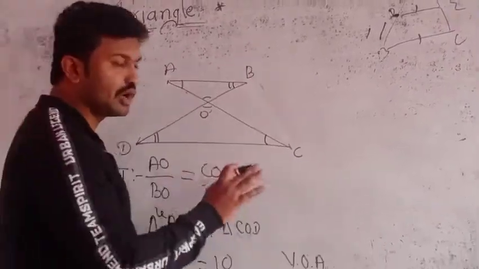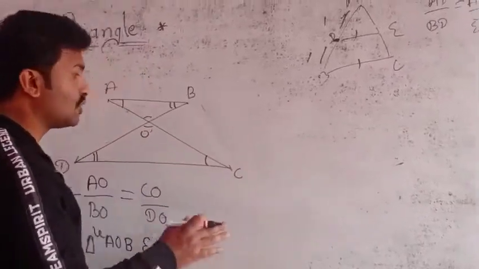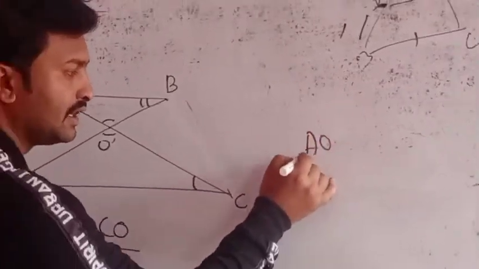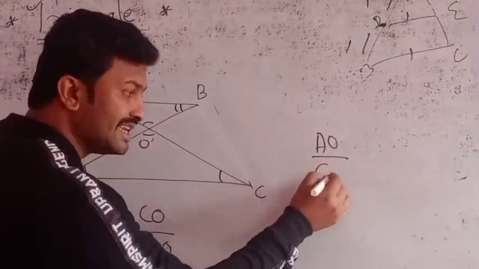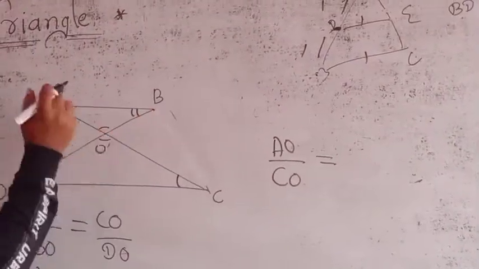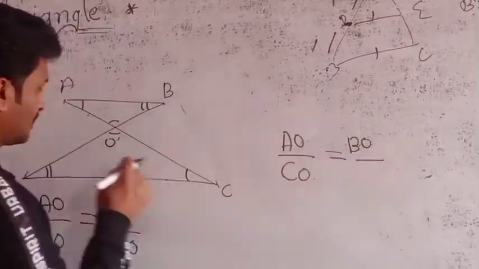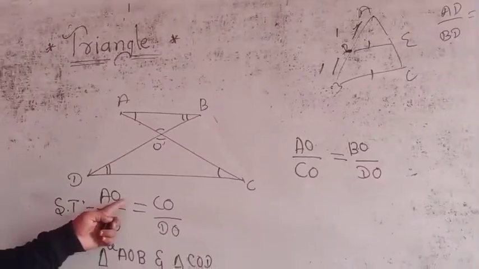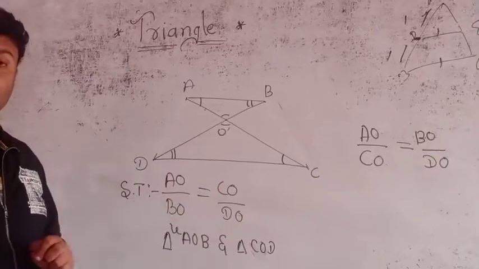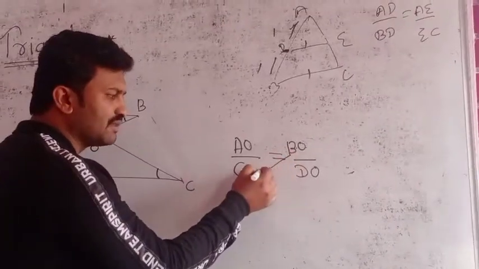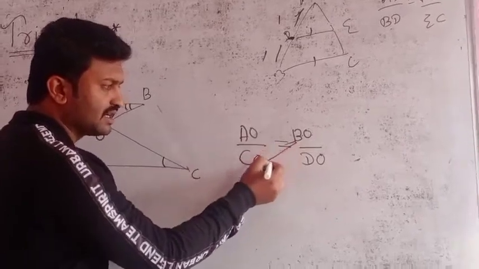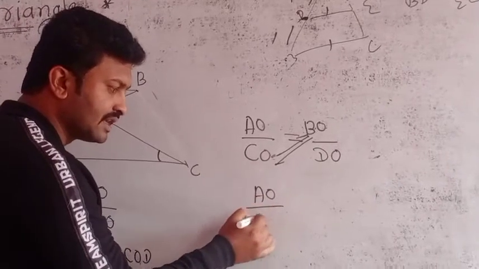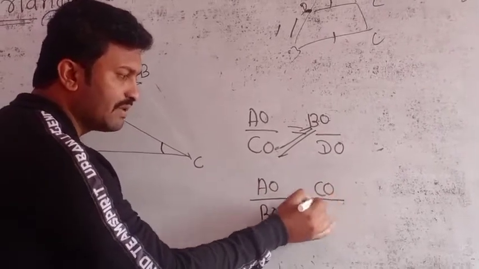Now we can write the ratio according to BPT: AO divided by OC, or CO, equals BO divided by OD, or DO. Here we have to show OA by BO equals CO by DO. Just cross multiply: this goes to the numerator and this comes to the denominator. AO divided by BO equals CO divided by DO.